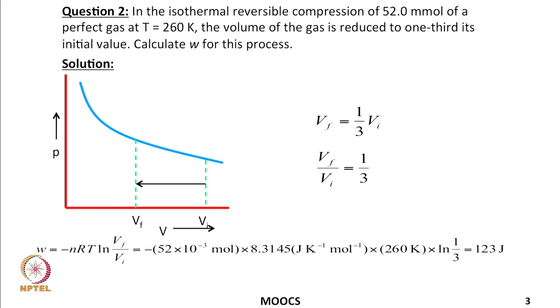Once again, the point to be noted here is that the overall sign is positive, and positive sign means that the work is done on the system. When you compress the gas, the work is done on the gas. Therefore, W is equal to plus 123 joule.